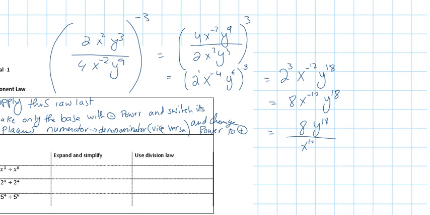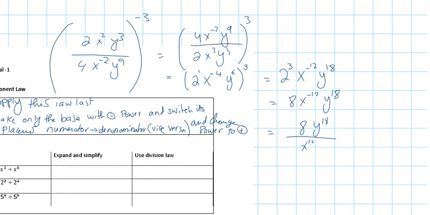Then, I took my coefficient and I simplified. 4 divided by 2 gives me 2. Then the x's, because there's division, I subtracted my exponent. So negative 2 take away 2 is negative 4. Kept the base. Then, y to the power of 9 and 1 to the power of 3. Kept the base, subtracted the exponent. 9 take away 3 is 6. Are we okay with this?